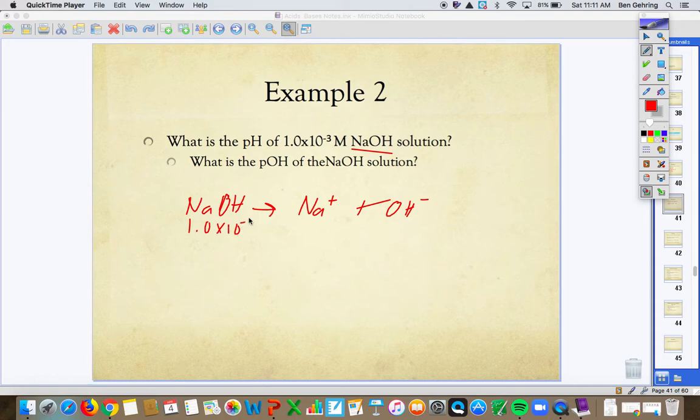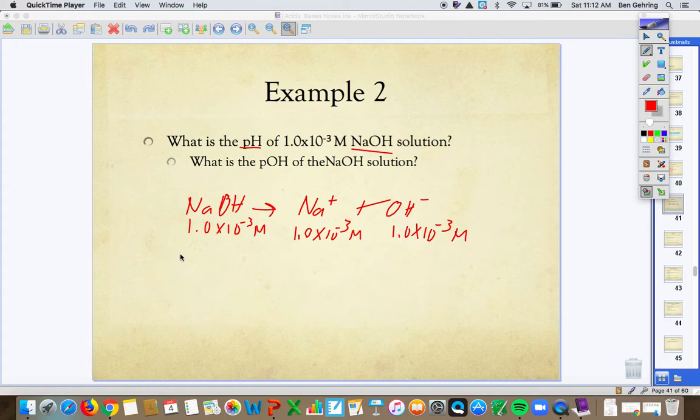Because these are 1 to 1 to 1 ratios, with 1.0 times 10 to the minus 3rd molar sodium, sodium is going to be 1.0 times 10 to the minus 3rd molar, and hydroxide is going to be 1.0 times 10 to the minus 3rd molar. I want the pH, however, and so I only have a hydroxide concentration.